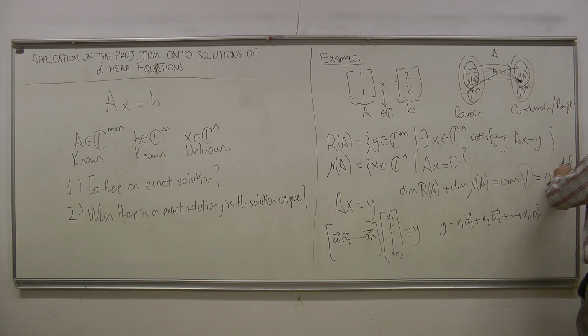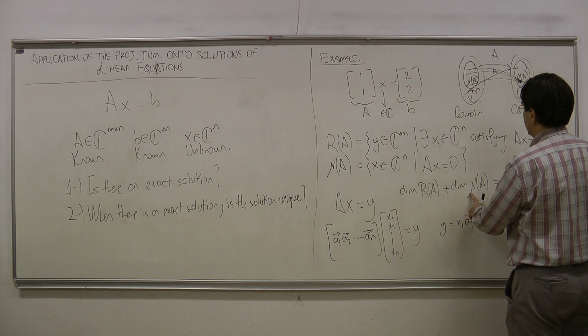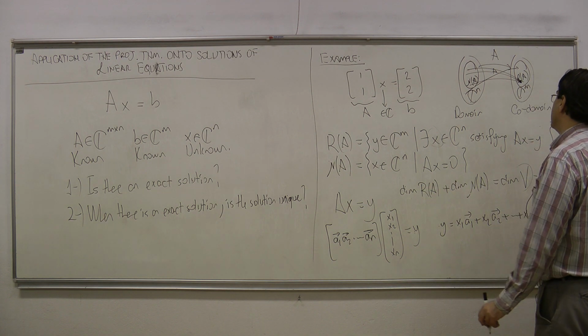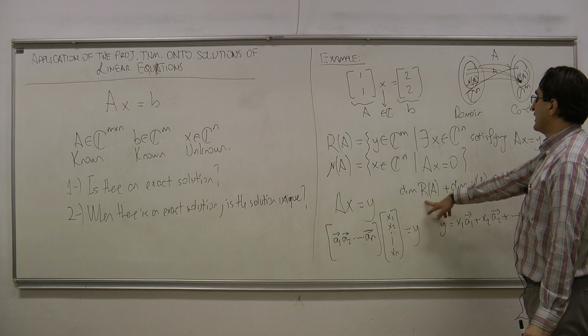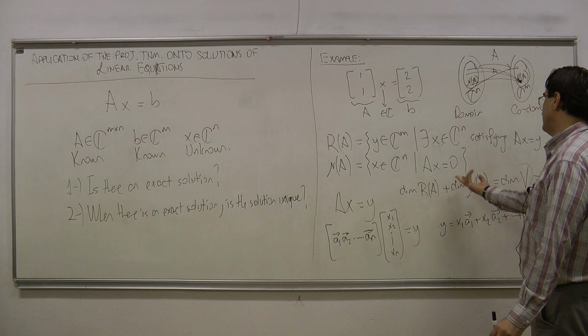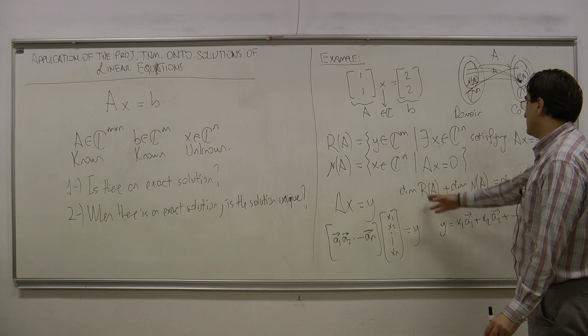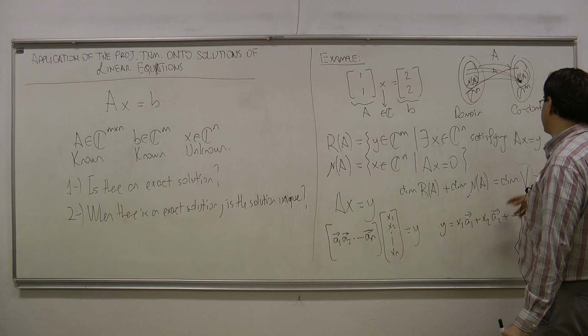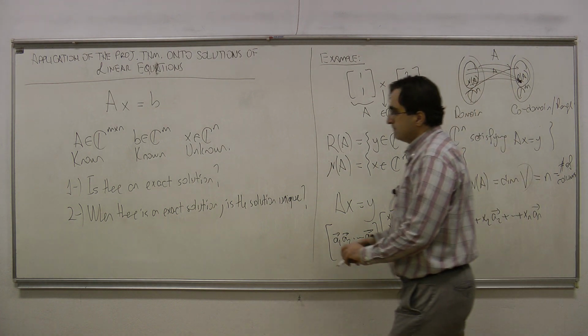The dimensions of range space of A and the null space of A should satisfy just this equation. If the range space dimension is 1, which means that we have only a single linearly independent column, in that case the dimension of the null space should be number of columns minus 1.